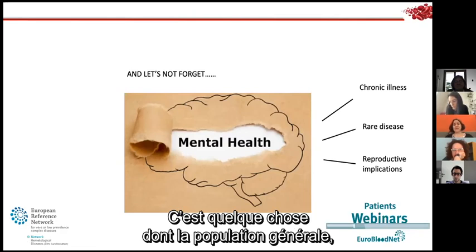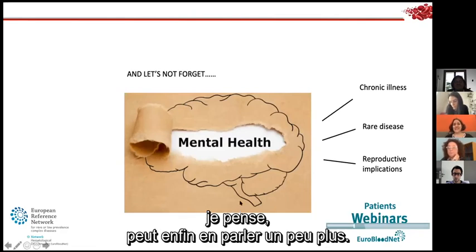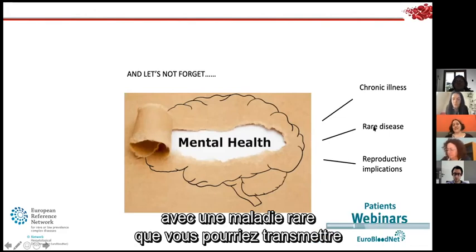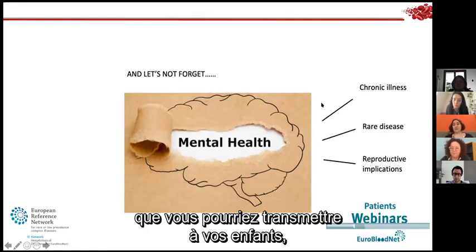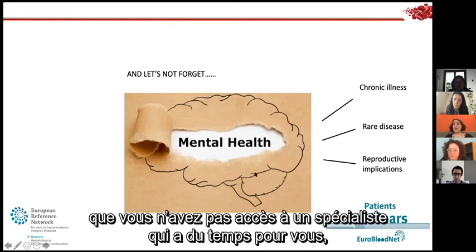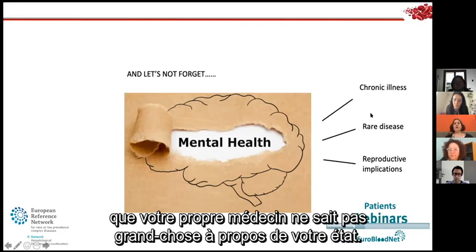This is something that the general population, I think, has finally been able to talk about a bit more. But when you've been living your whole life with a chronic illness, with a rare disease that has reproductive implications that you might pass on to your children, that you're always battling for people to believe you, that you may not have access to a specialist who has much time for you, that you have to deal with your own doctor not knowing anything about your condition.